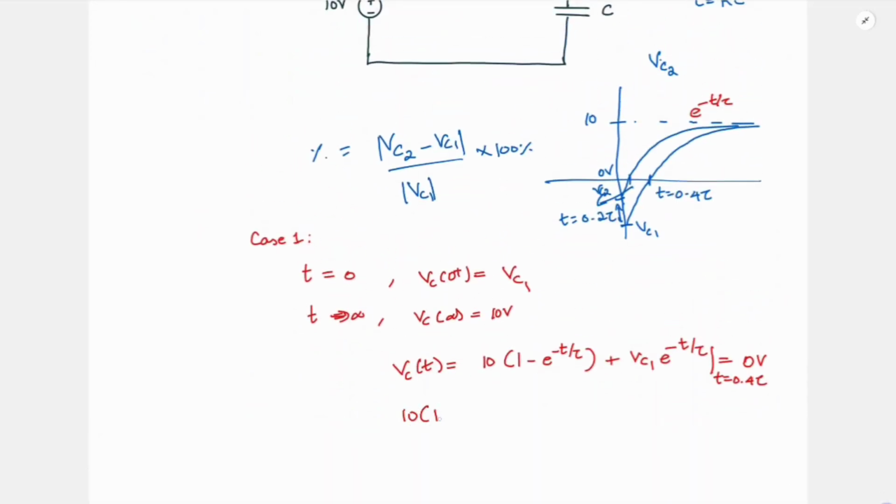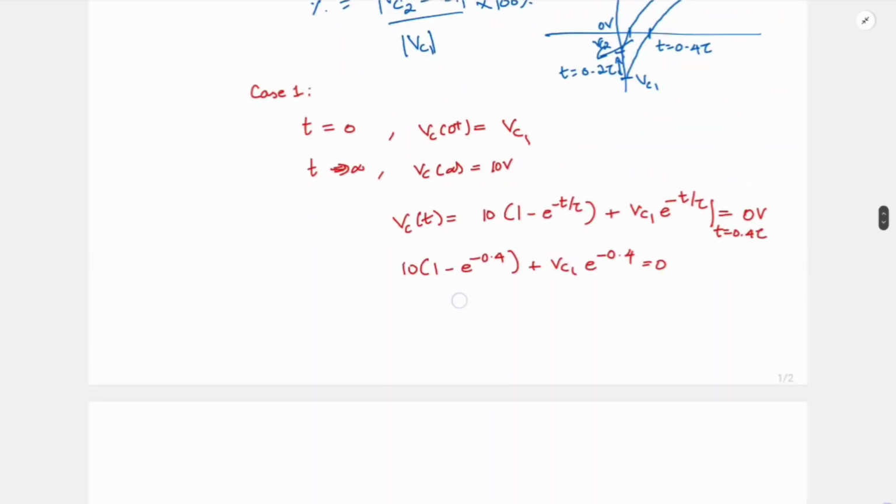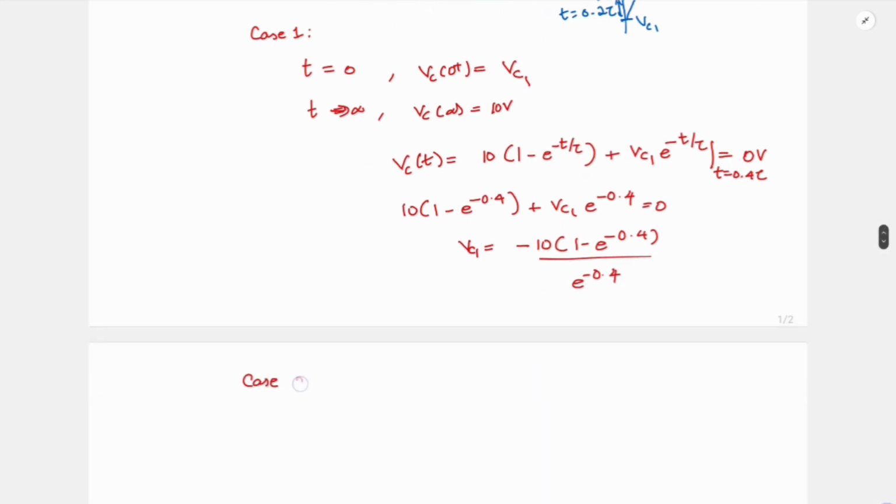So what will I get? I'll get 10 into 1 minus e power minus 0.4 plus VC1 e power minus 0.4 equal to 0. So from this I can get VC1. So my VC1 is nothing but minus 10 into 1 minus e power minus 0.4 by e power minus 0.4. Similarly for case 2, the only difference is going to be this initial voltage is starting from VC2.